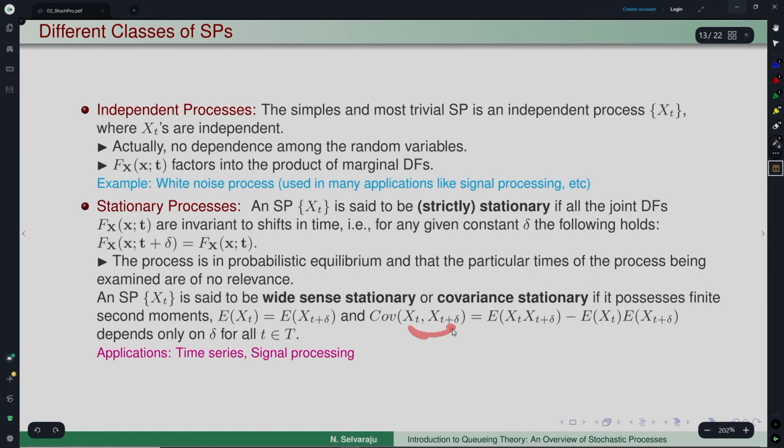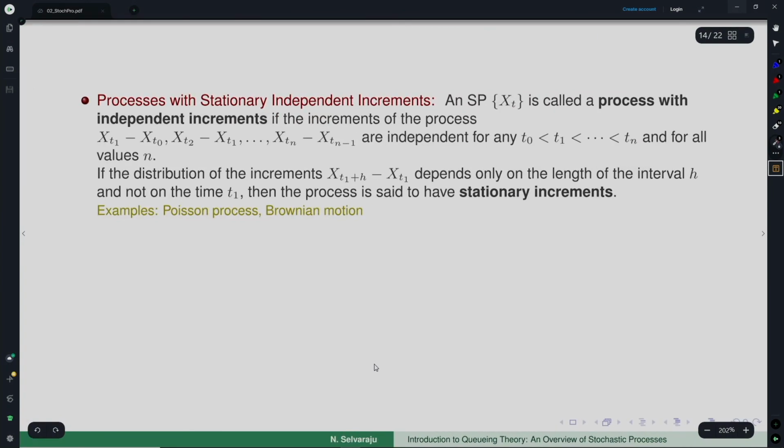So, if it is a function of delta alone, then you call this wide sense stationary or covariance stationary. You are requiring not the distributional form, but only the first two joint moments. Obviously, a strictly stationary process would be wide sense stationary, but need not be the other way, and it finds application in time series, signal processing and so on, in different places.